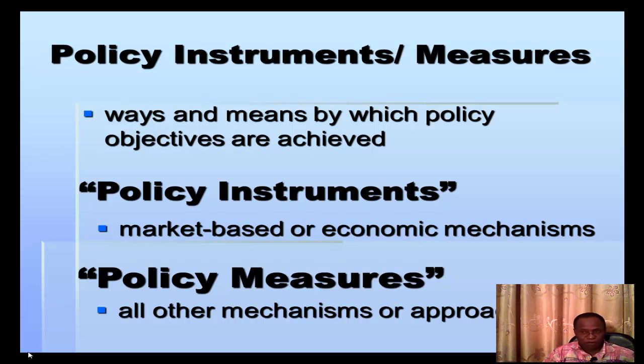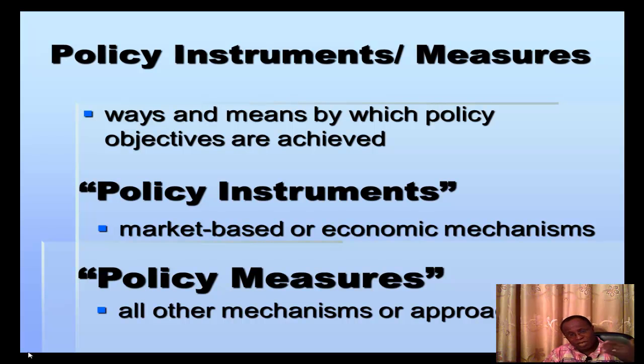Okay, so you have objectives. You want to increase national energy security, you want to increase national technological know-how in, say, hydropower technology, or you want to supply enough energy to ensure that your economy grows by 5% per annum or 10% per annum, or that you are able to reduce poverty by 10% per annum, so that within a 6-7 year period you can, in principle, eliminate poverty in your economy.